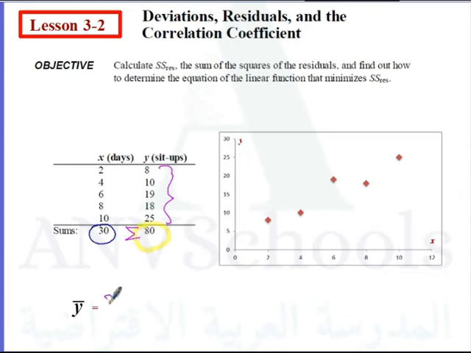So sum divided by the number of events. So how many events are there? We have 1, 2, 3, 4, 5. So therefore the sum is 80. Number of events is 5. That gives us 80 divided by 5, or that's equal to 16 sit-ups on the average.